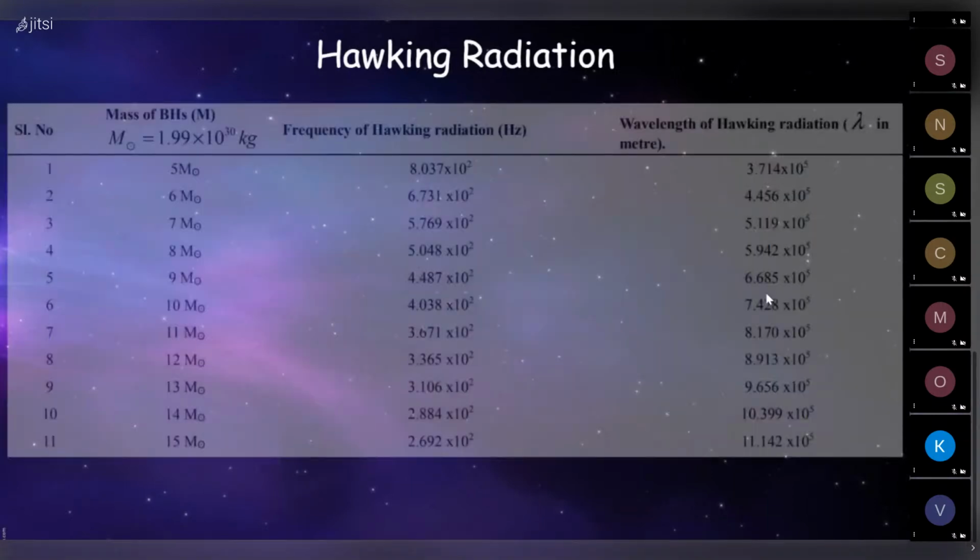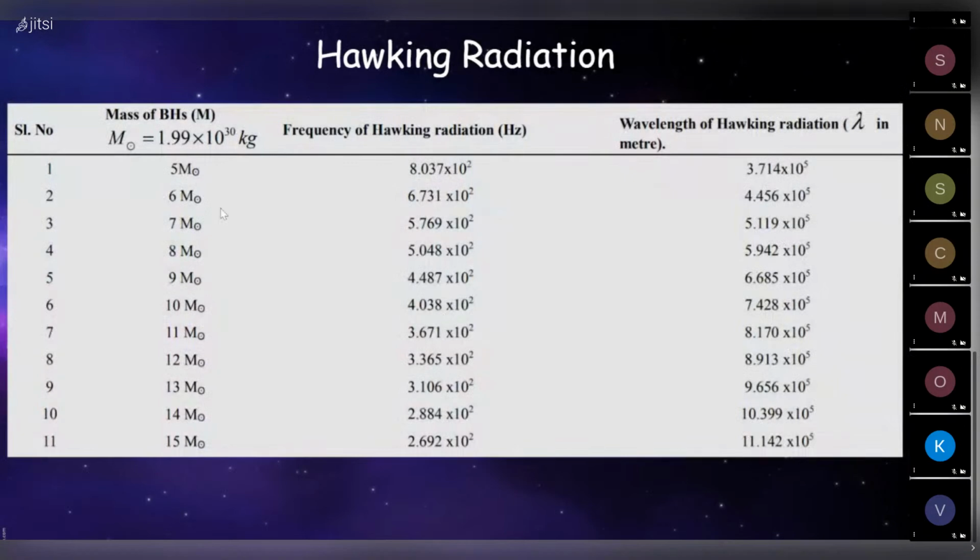Now here is a table showing the relation between mass, frequency of Hawking radiation, and wavelength of Hawking radiation. Here a black hole of 5 solar masses has this frequency, and the Hawking radiation has this wavelength.